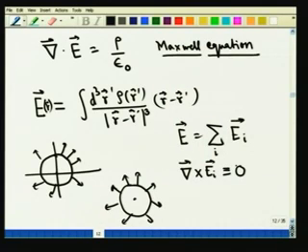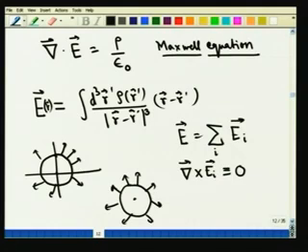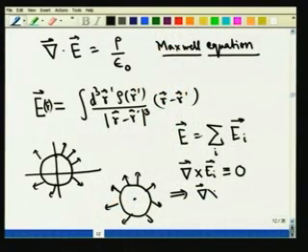That is what we have here. How do I know that? I know that E_i behaves like 1 over r squared with respect to this particular point. It is radially outward. Curl of a radially outward or an inward normal vector is always identically equal to 0. There is no curliness associated with these field lines. There is only a divergence associated with these field lines. Therefore, we conclude that curl E is equal to 0.